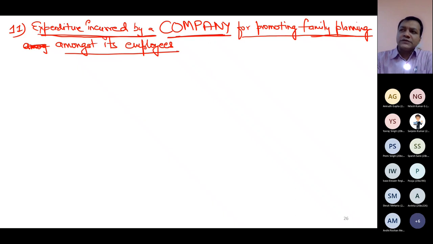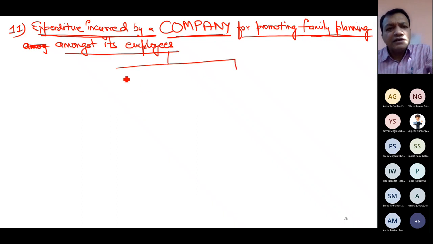Very soon, if you see the reports, India will overtake China as the largest populated nation of this planet. So this is also a provision related to family planning. Companies might incur different awareness programs. Whatever expenditure a company incurs to promote family planning amongst the employees, the Income Tax Act says we will treat it as your business expenditure.